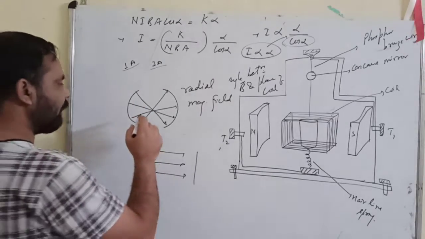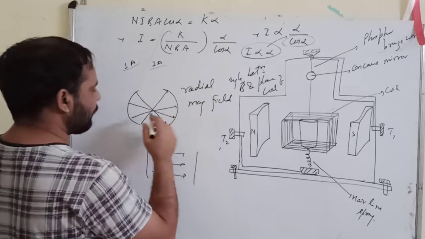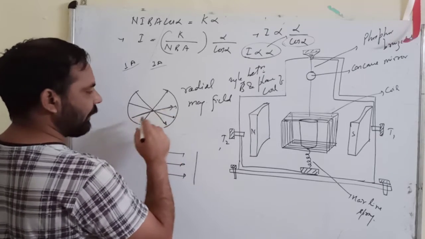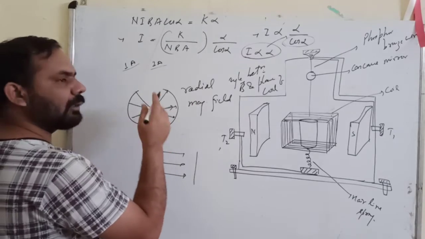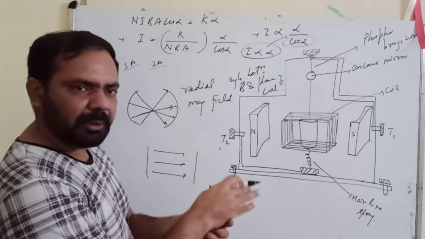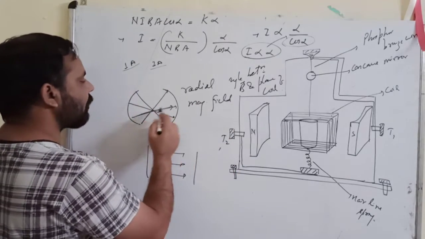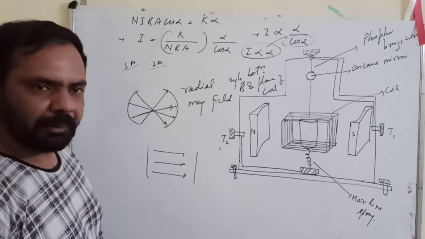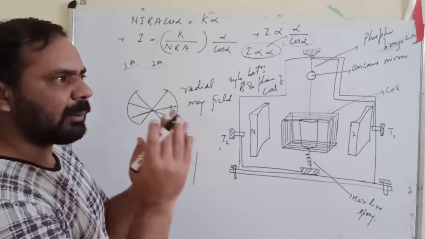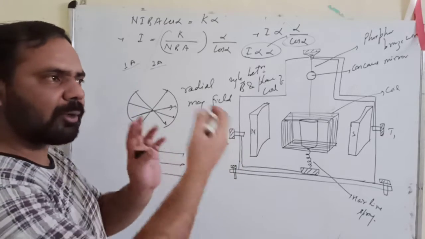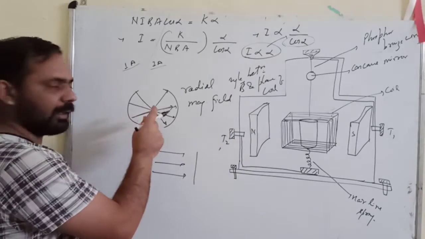Okay, a radial magnetic field you get. So when this coil turns and the needle also turns with it, whatever be the position of the coil, because the needle is attached to the coil itself, the coil is always parallel to the magnetic field. Whatever be the amount of deflection, the coil is always parallel to the magnetic field in this case.